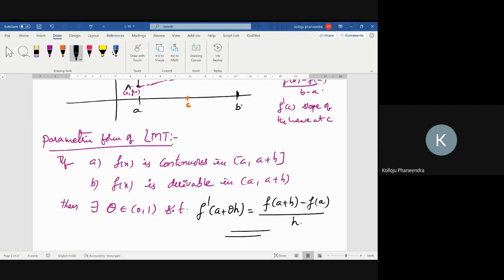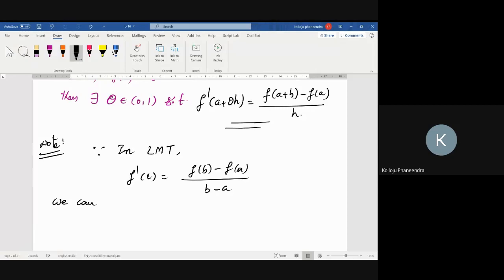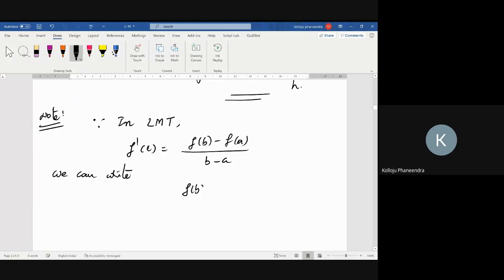And one more point. This is a note. Take a note. Since in Lagrange's mean value theorem we have f dash C equal to f of B minus f of A whole by B minus A, from this expression we can write that f(B) minus f(A) by B minus A lies between two values.